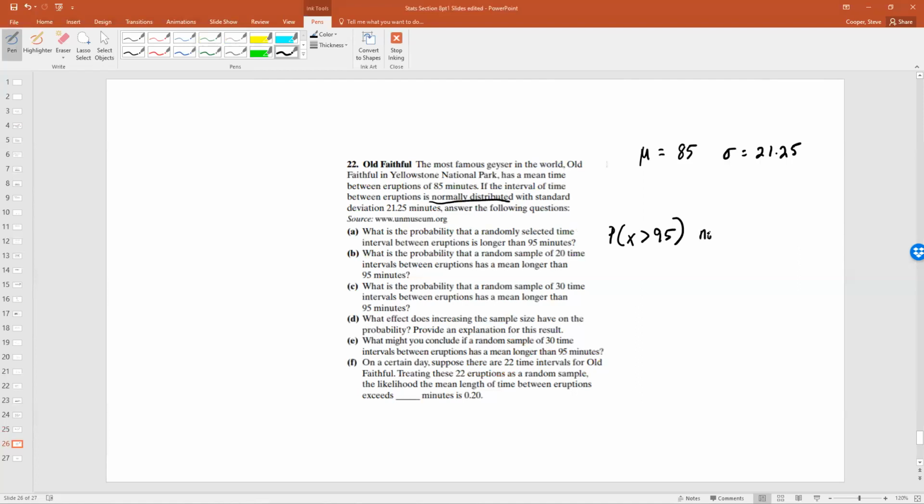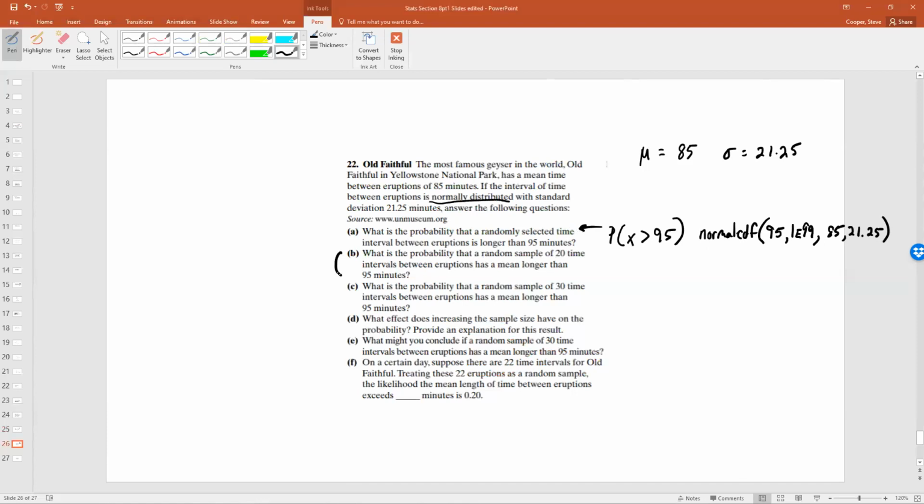So minimum's going to be 95. Max is going to be calculator infinity. And then the last two are mu and sigma, so 85, comma, 21.25. And that'll give us the answer for A.